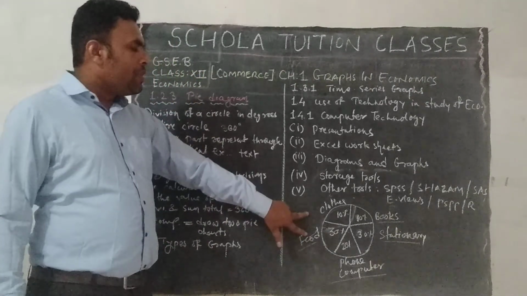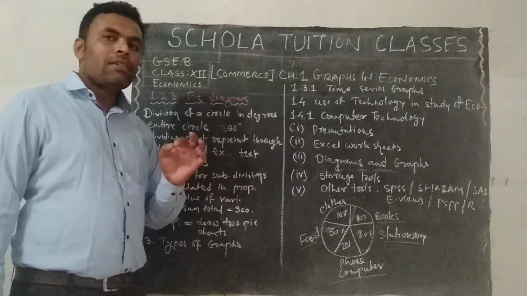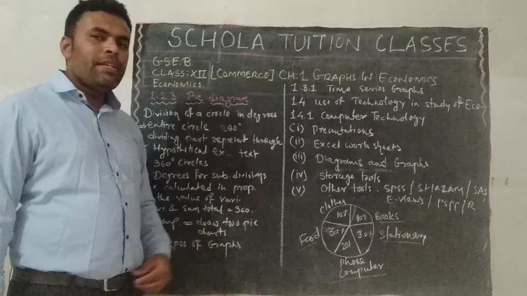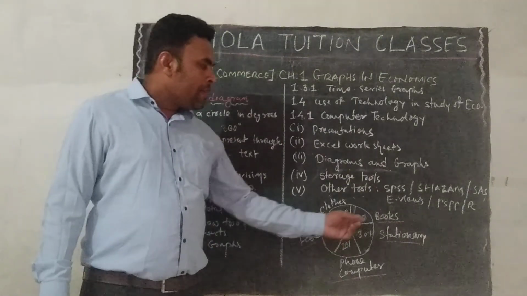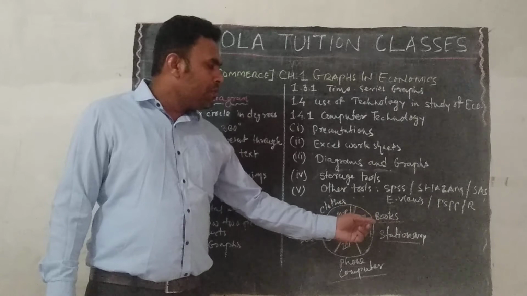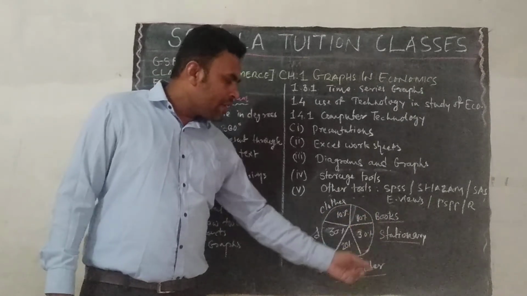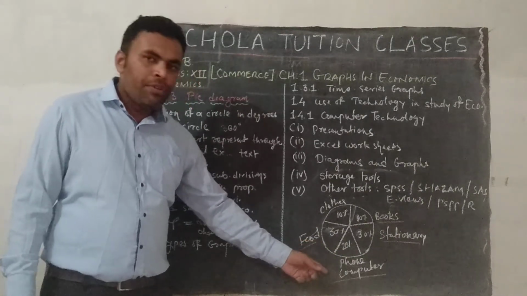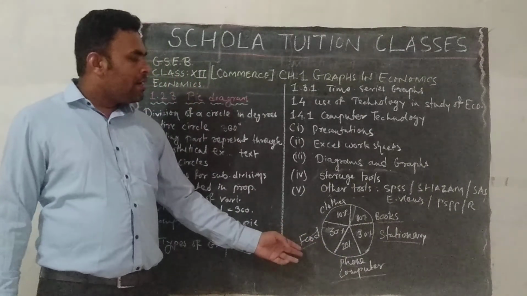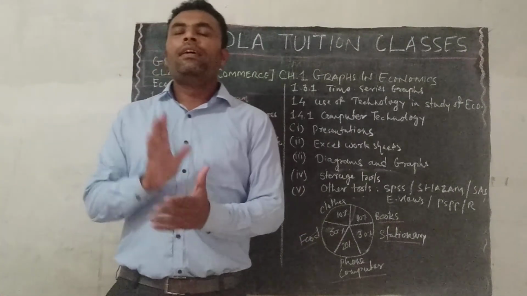So this is an example of a pie chart. See, it's an imaginary example: a student uses his pocket money, 10% on books, 30% on stationery, 20% on phone and computer devices, 30% on food, and 10% on other consumption.